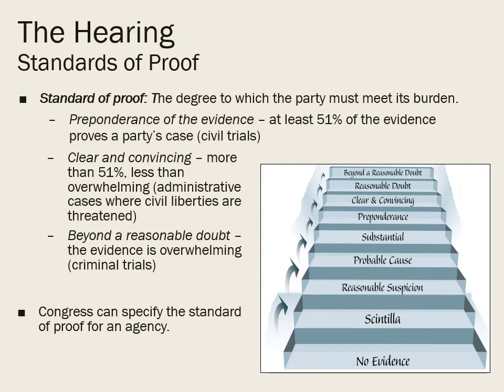That is a standard where it's more than 51%, but it is less than the overwhelming beyond a reasonable doubt standard. Congress can specify the standard of proof that an agency has to meet, but it's going to be one of those three standards: preponderance of the evidence, clear and convincing, or beyond a reasonable doubt. And in agency adjudications, it's more than likely going to be the preponderance of the evidence.